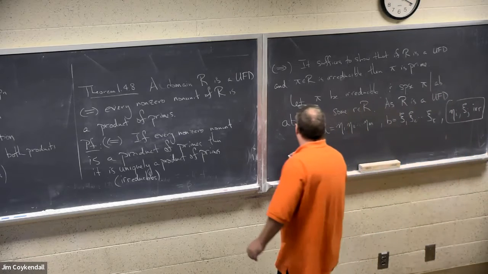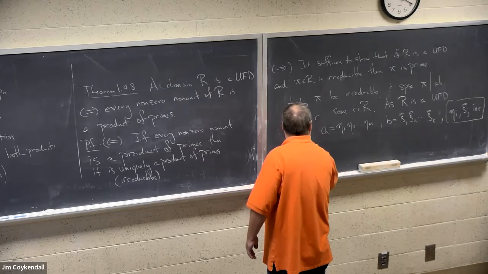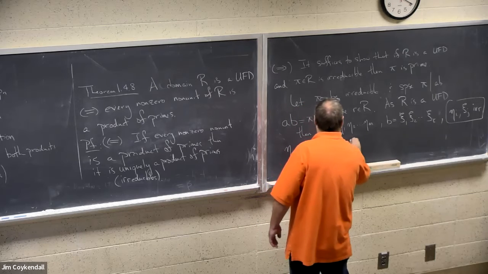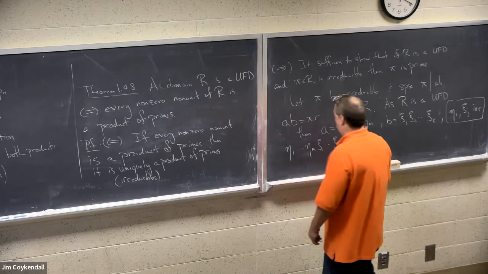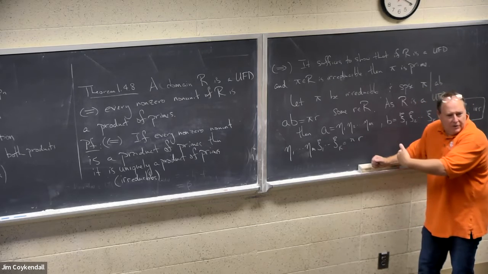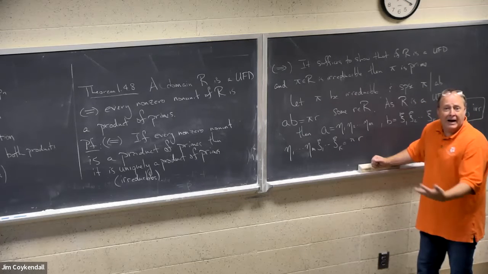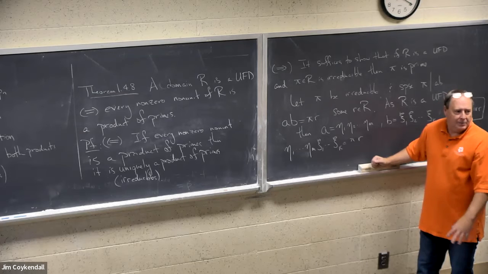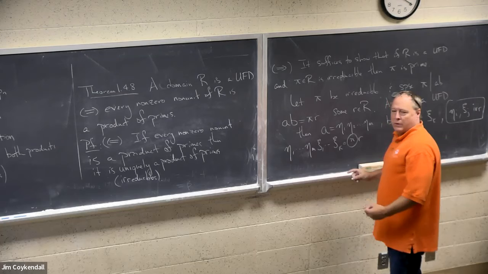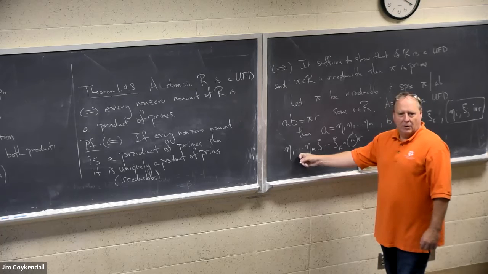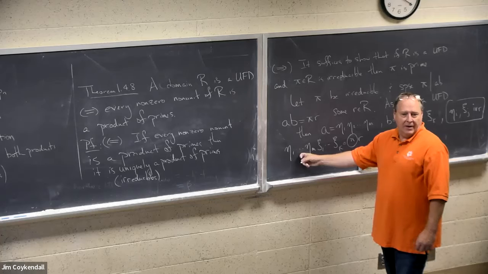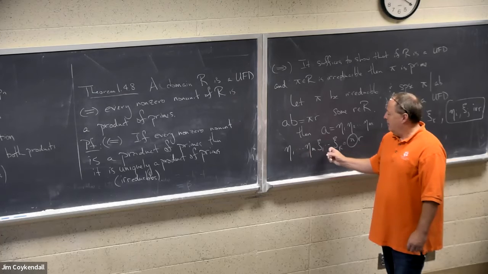So what I've got is a bunch of these crazy Greek letters. Right? Now, of course, the right-hand side of the equation can be factored into irreducibles as well, and it has to factor the same way, right? Up to permutation, right? So in other words, pi up to a unit has to be one of these or one of these. Agreed?